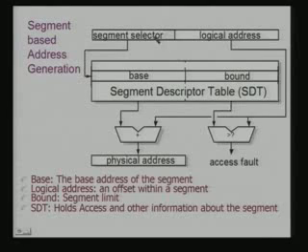Now, this segment selector is used to access the base address of the segment in what we call the segment descriptor table. So, this gives me the starting point of the segment. That starting point is added with the offset to get the physical address.